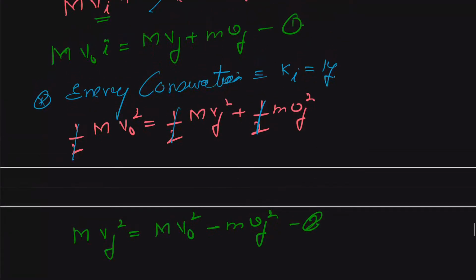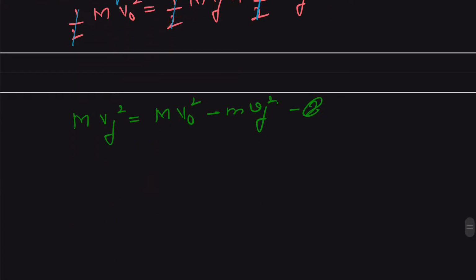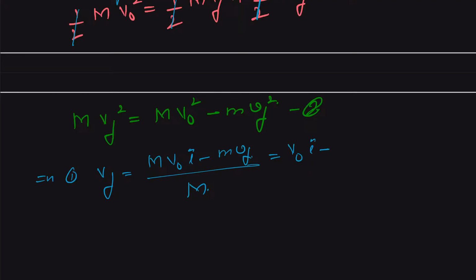And from equation number 1 we are going to find out what will be our v_f. So from equation 1 we can write v_f is equal to M v naught i unit vector minus M V_f divided by m, which can be further written, arranging the denominator, as v naught i unit vector minus capital M upon small m V_f.